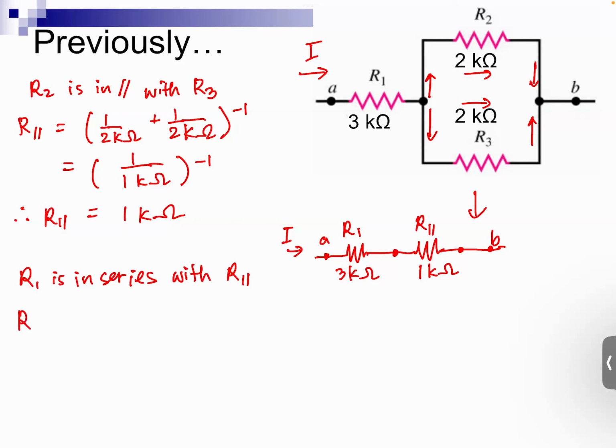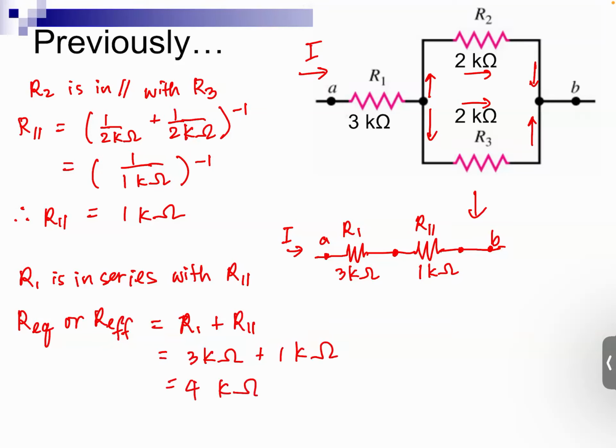Okay. Right, and if you have resistors in series, you can get their equivalent or effective resistance of the series connection by adding the individual resistances. So just R1 plus R parallel, you have 3 kilo ohms plus 1 kilo ohm, 4 kilo ohms.